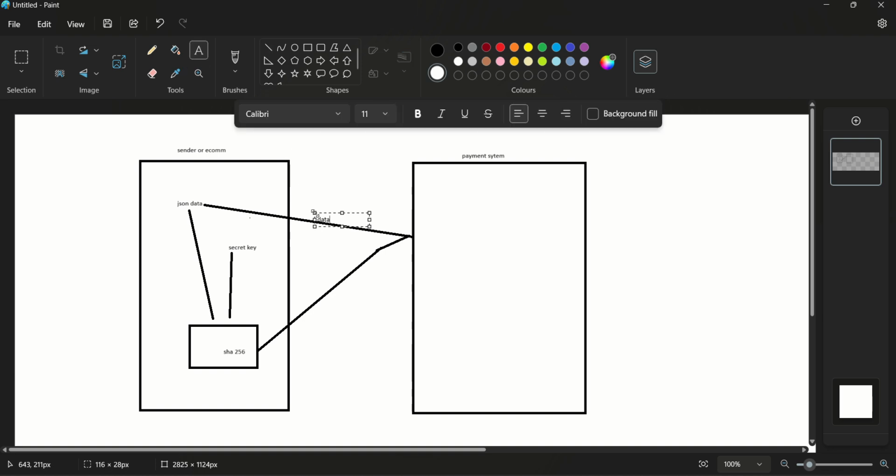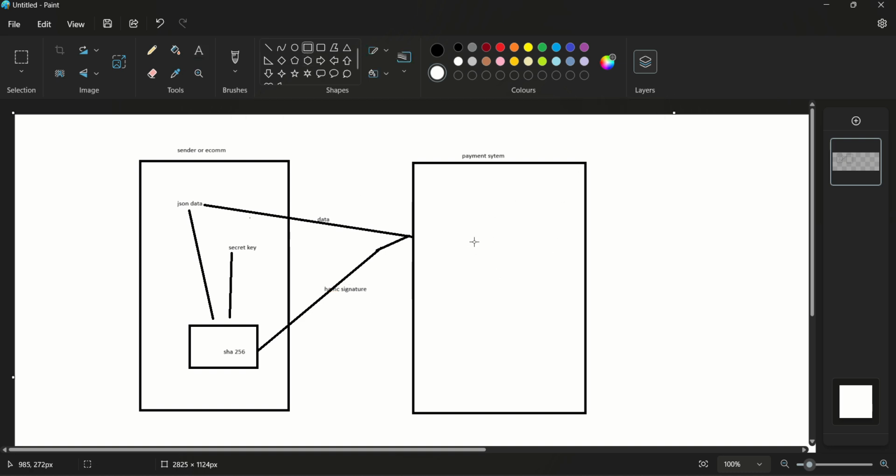With the help of a diagram you can clearly understand the working of the HMAC signature on the payment system.